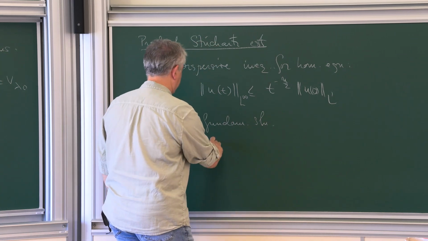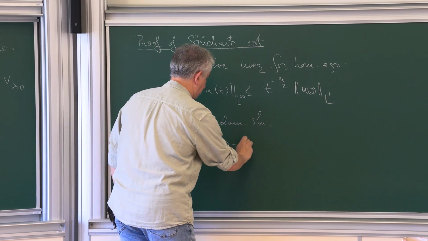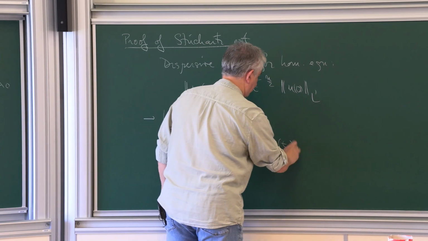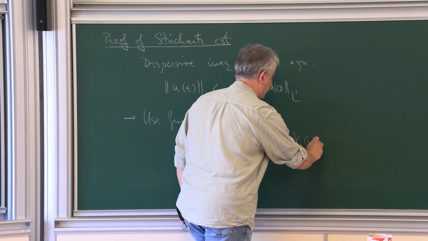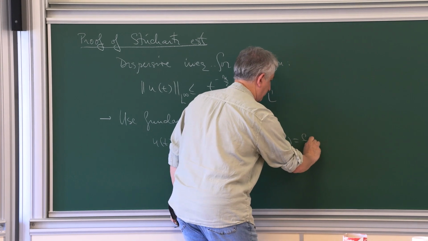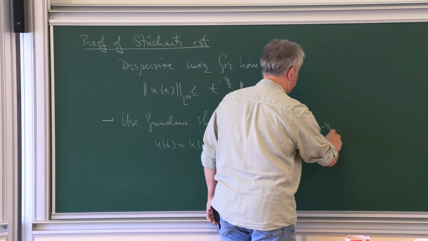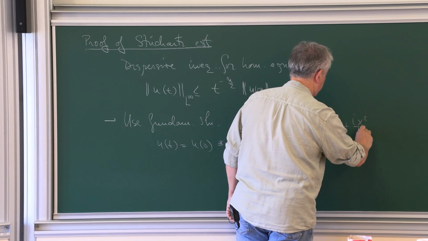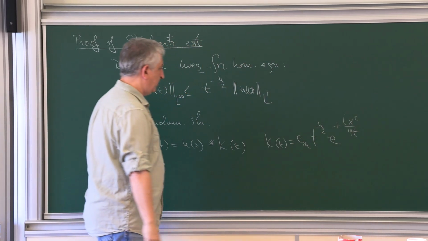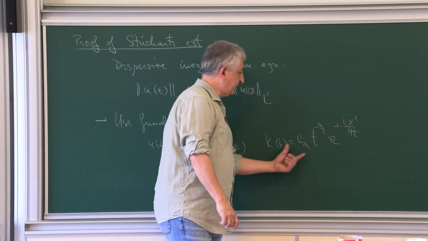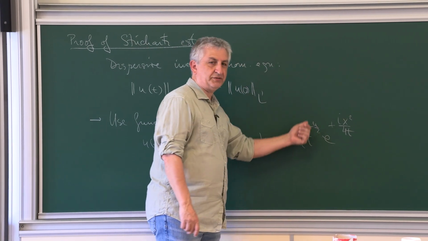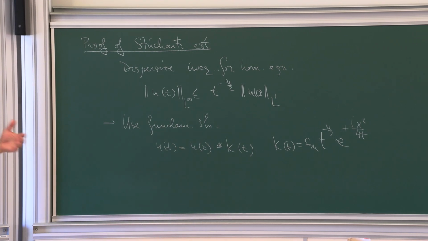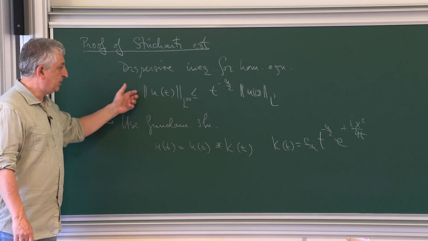So you know that u of t is u of 0 convolved with a fundamental solution, where k of t is C_n t to the power minus n over 2 e to the power i x squared over 4t. And what is important is that when you look at this fundamental solution, its L infinity norm is t to the power minus n over 2, and you capture the decay. So this is the very simple way to get this dispersive inequality.